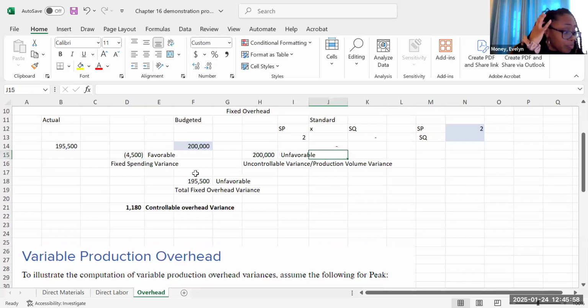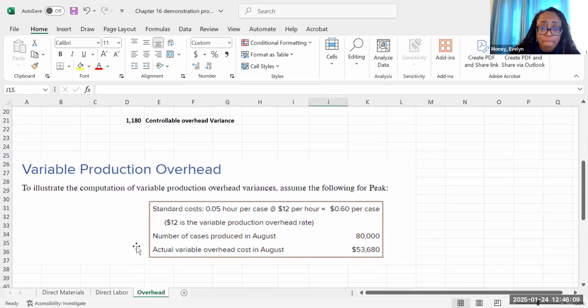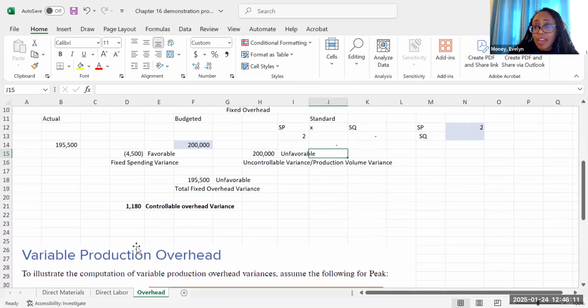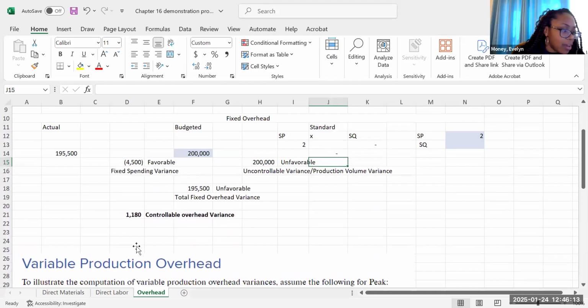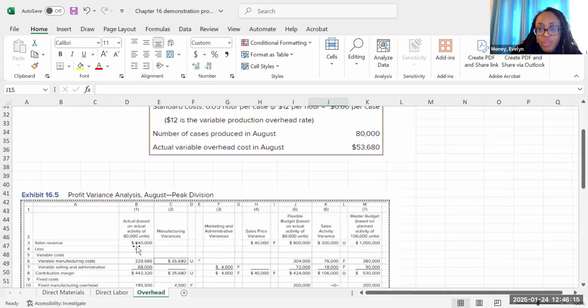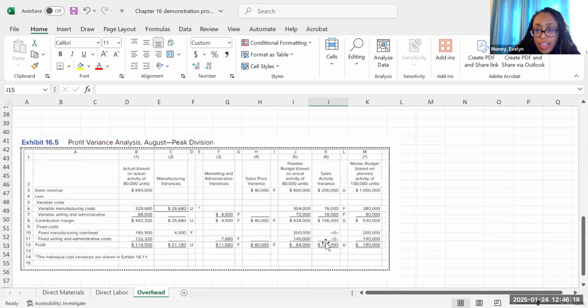And then for the fixed overhead, the standard price and the standard quantity is a little bit different here. Because for the standard price, we're going to base that on the number of units. Because notice that we planned for $200,000 in the flexible budget.